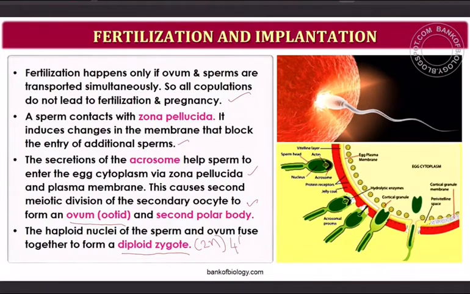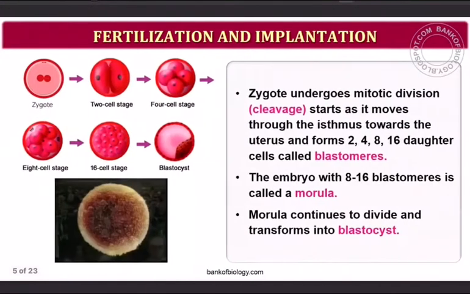And the haploid nuclei of the sperm, that is N, and the ovum, N, fuse together to form a diploid zygote. We say N plus N, 2N, 23 plus 23, 46 chromosomes. So that zygote has to become a human being. This is what happens. Here you can see the sperm entry, how the nucleus is entering inside.